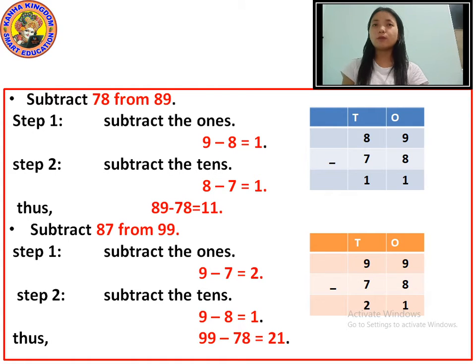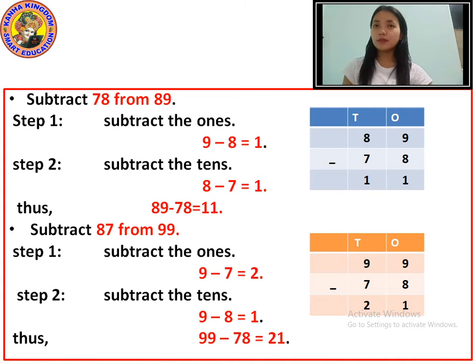Okay student, now step 2 is subtract the tens. We have to subtract the tens. From the number 89, 8 is a digit which is present in tens place, and from the number 78, 7 is a digit which is present in tens place.